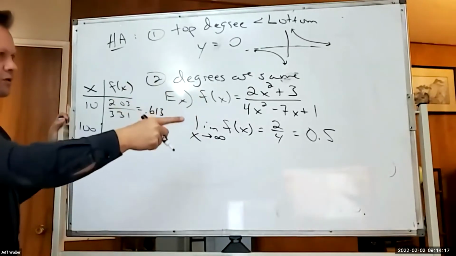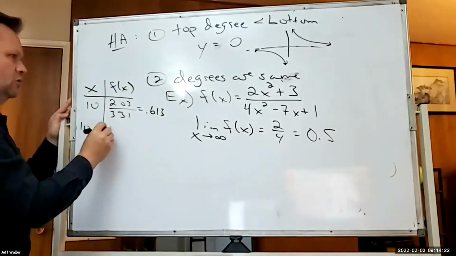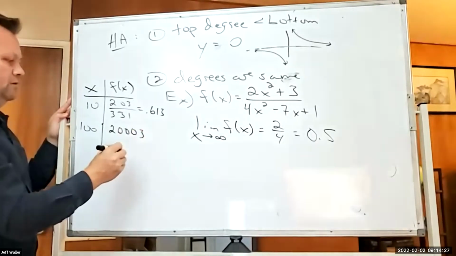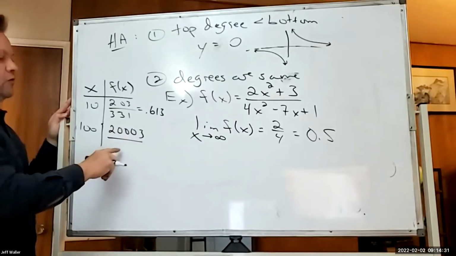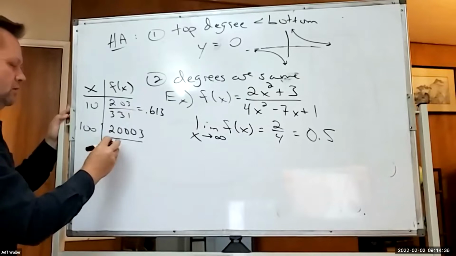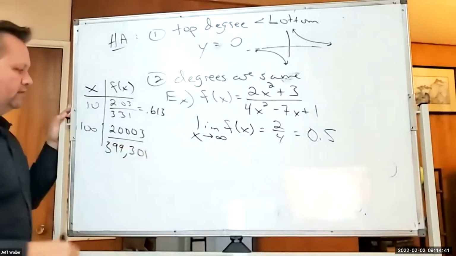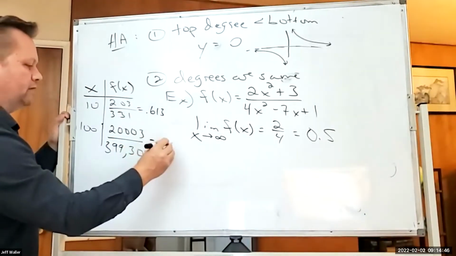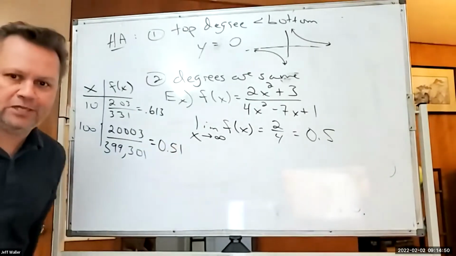What's that going to be? 100, so it'll be 200 plus 3 over 400,000 minus 700. 301, I think that's what it is. And this is already like, I would say 0.51. Double check me on that. I'm just guessing.